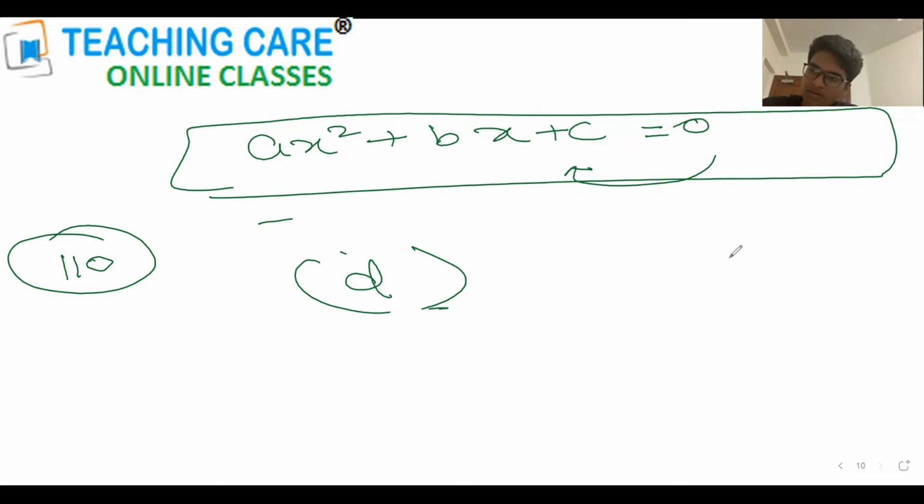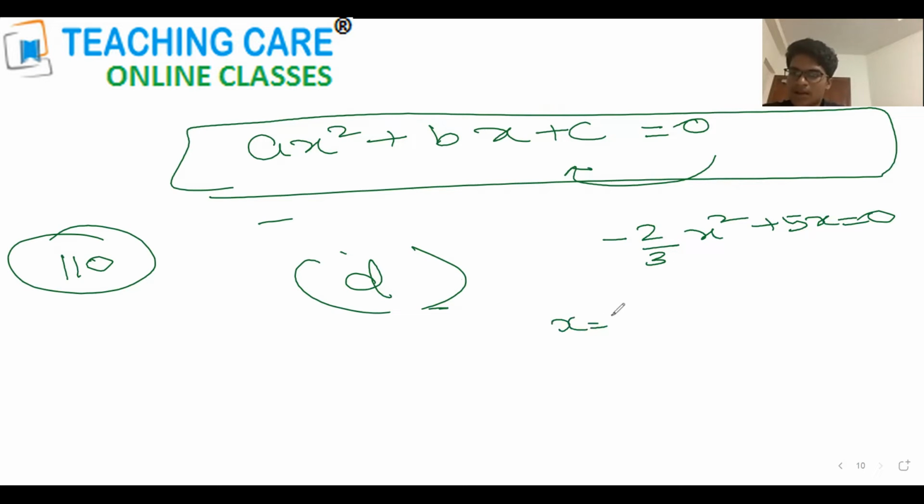Done. Let's discuss. What's the answer? Both are different values for x, right? My first answer is x equals 0, and my second one is x equals 7.5.